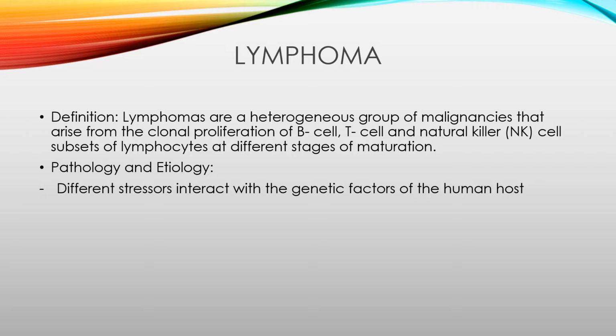And then autoimmune diseases like inflammatory bowel disease, rheumatoid arthritis, and Sjogren's syndrome have all been shown to increase patients' risk for diffuse large B-cell lymphoma. And then geographic location. T-cell lymphoma incidence is high in Southern Asia and some parts of Latin America.